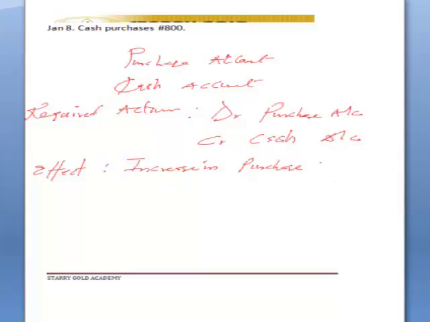Then a decrease in cash, which is cash account, which is an asset. So as you can see, it's an asset. Let's see the next question.